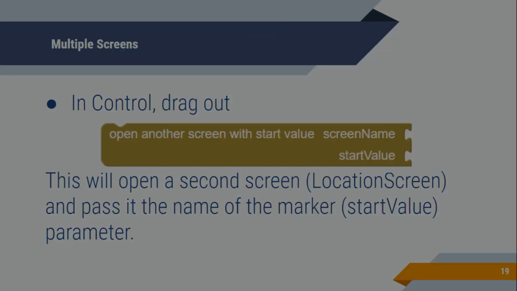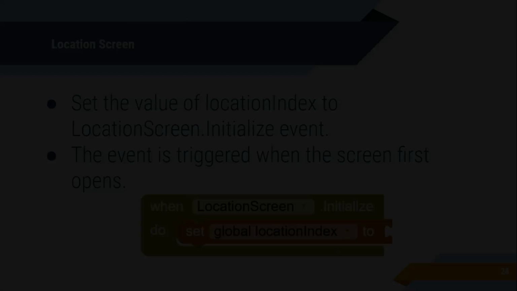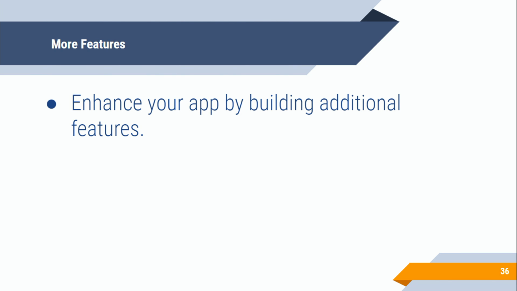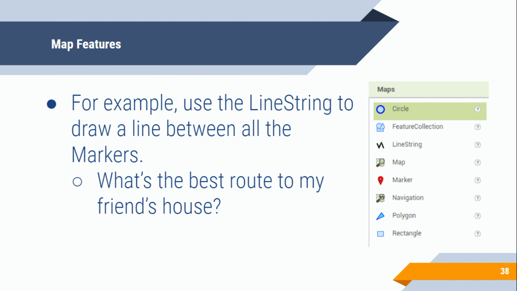And I just want to point out something else before we get started. In part 2, feel free to enhance your app by building additional features. So, for example, you can incorporate other Maps features and sensors into your app. So, with Maps, you could use a line string to draw a line between all the markers that you have.